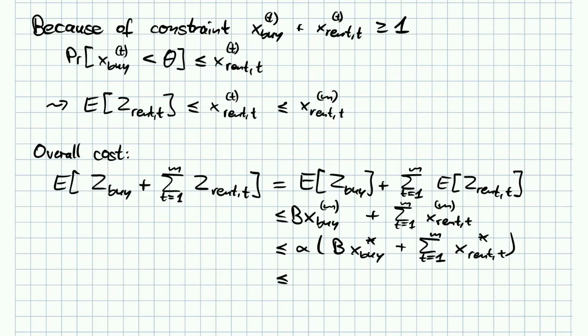And this, of course, is then at most alpha times c of opt of sigma, where we then say, okay, in this step we could take as x star the optimal fractional solution, or even the optimal integral solution.